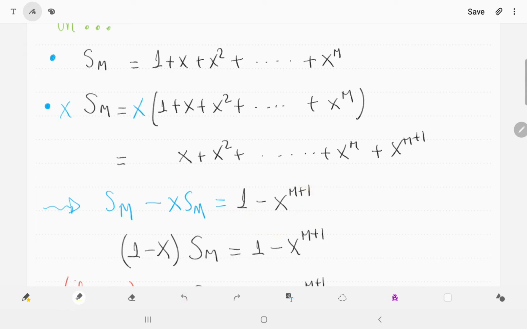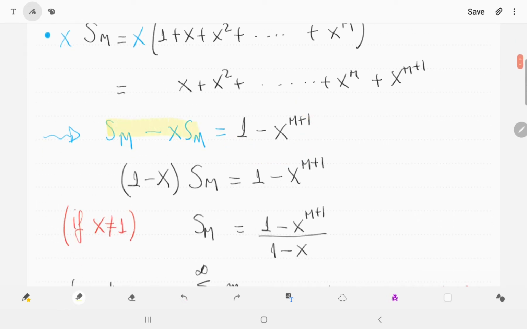But on the other side, we have this expression, and these two terms have in common the partial sum, so we can rewrite this in this way.